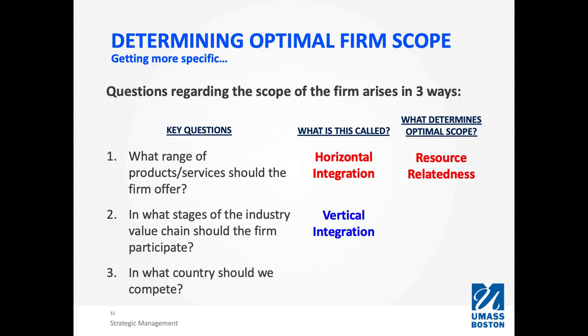For vertical integration, the key consideration is transaction costs, which are exactly what they sound like, the costs of doing a transaction. But I mean something very specific that I will get into. For global scope, the last thing to think about is distance. Yes, some of that is physical distance, but it's also cultural distance, and I'll get into that more in the next lecture.